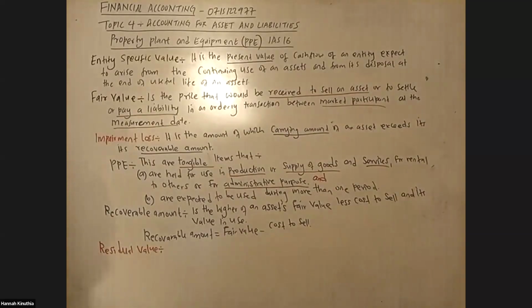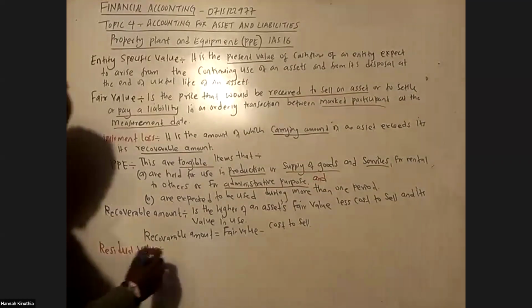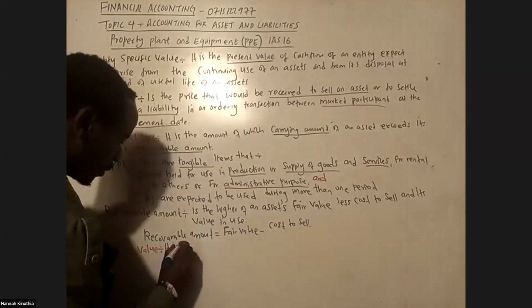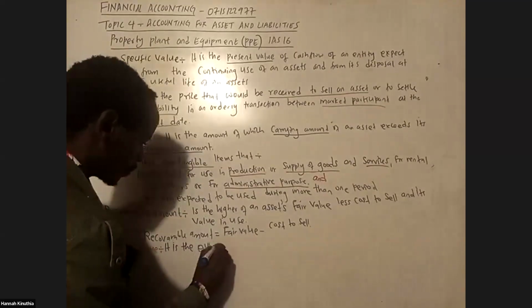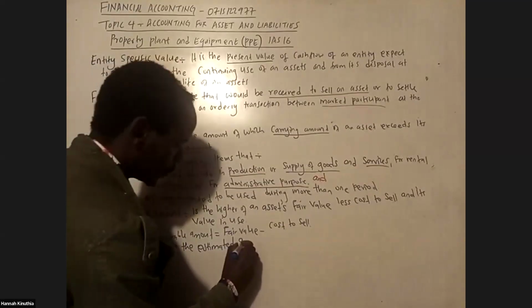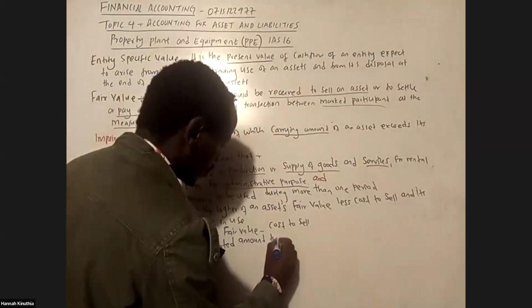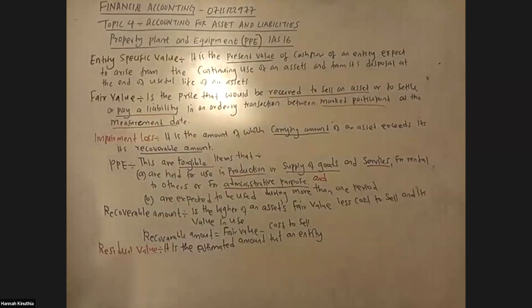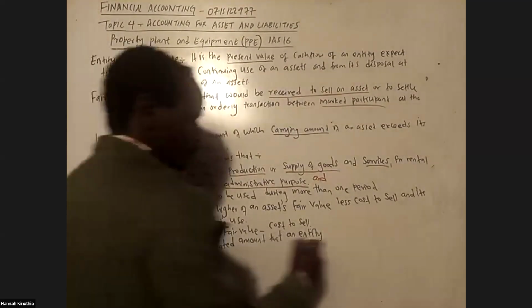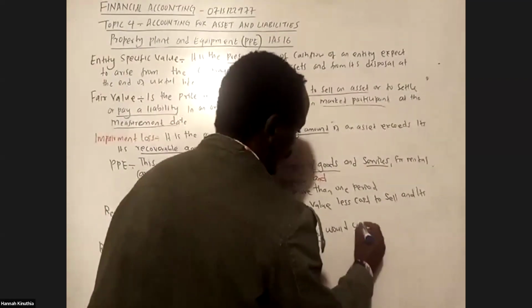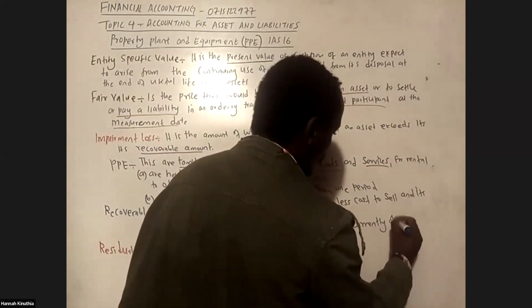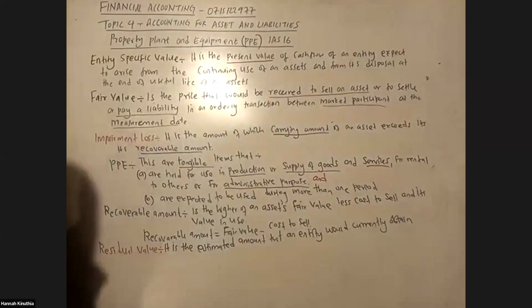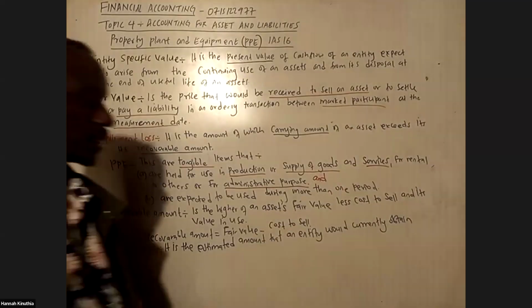It's the estimated amount that an entity would currently obtain from the disposal of that asset.